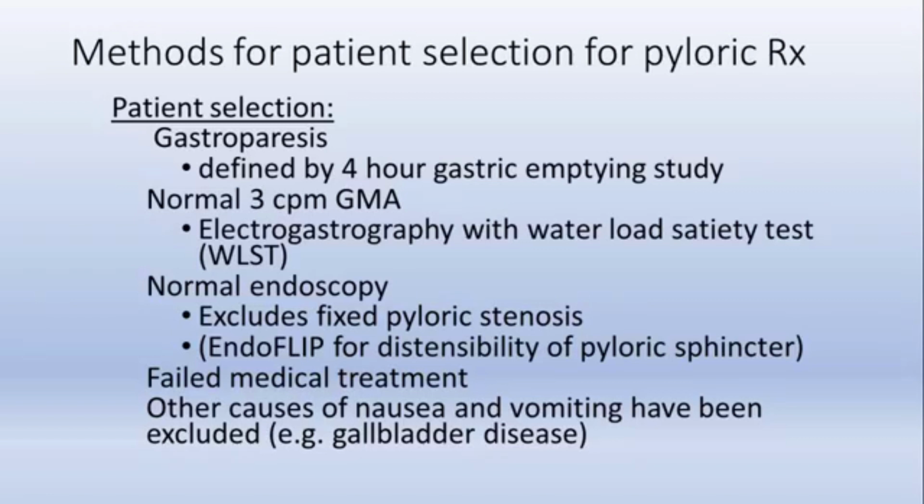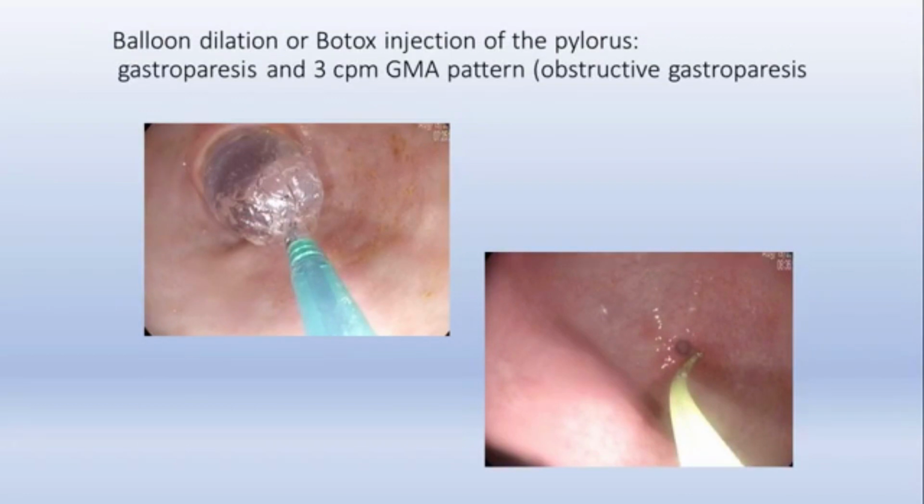Usually when I'm seeing folks at this point, they've failed medical therapy. Nothing's really working that great. And we double check that something hasn't been overlooked that could be driving the symptoms. So we keep an open mind. It might not just be the stomach, but with all those things taken care of, then it makes sense physiologically to me to go ahead and, like the panel on the right, inject Botox around the pylorus, which is in the distance there.